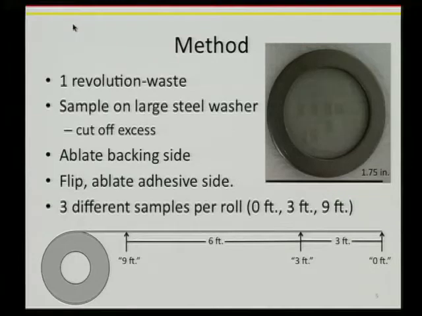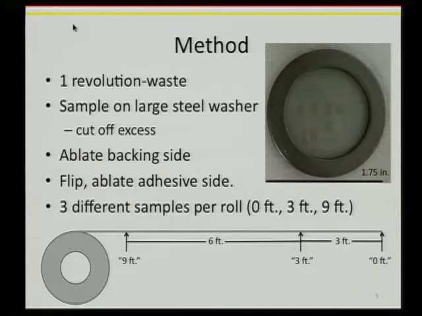My method was to take one revolution of the tape roll to expose a fresh roll. This is actually advantageous for people who do the end matching studies, because that's our waste, so we can analyze tape after the beginning of the roll has been discarded.